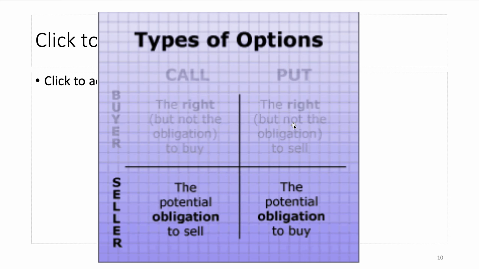On the other hand, the person who takes a short position, the seller, is a sitting duck. For the seller, the payoff is the potential obligation to sell. Who decides to exercise is the buyer, the long.